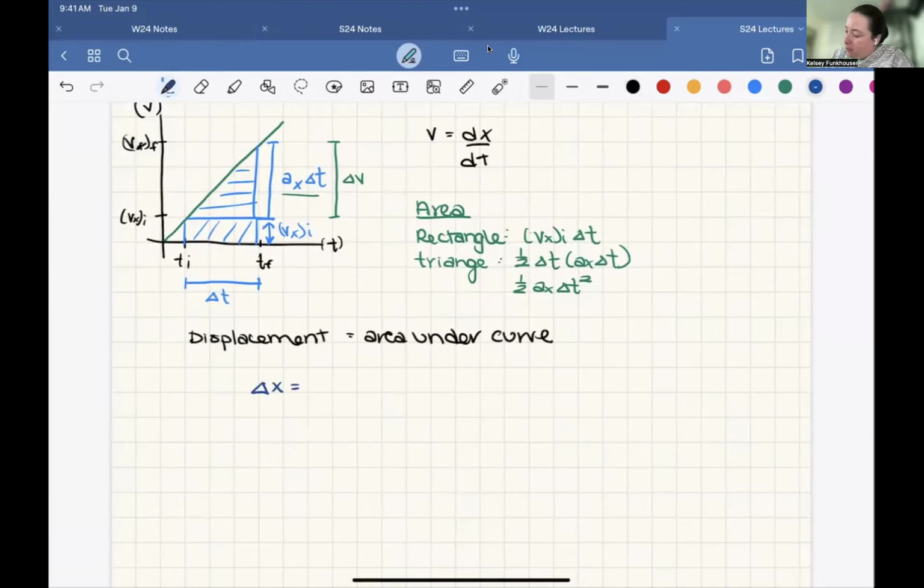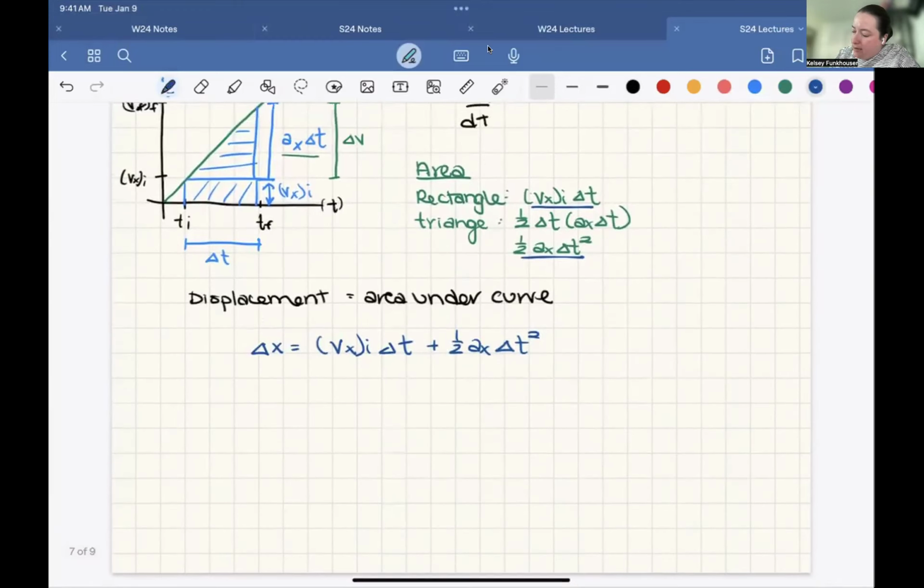So the displacement equals these two things added together, because that is the total area under the curve. So Vx initial delta t plus 1/2 ax delta t squared. We also write this equation as x final equals x initial plus v initial x delta t plus 1/2 ax delta t squared.